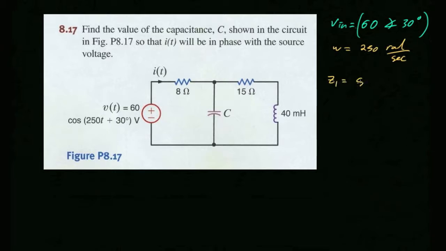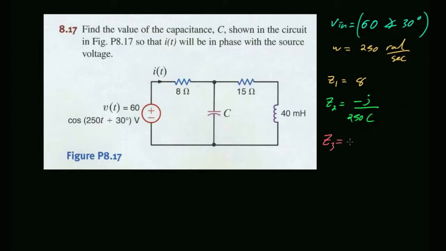So let's see. What is Z1? 8. This is fun. Okay. What is Z2? It's 1 over J omega C. Which we can also write as minus J over omega C, where omega is 250. Z3 equals 15.